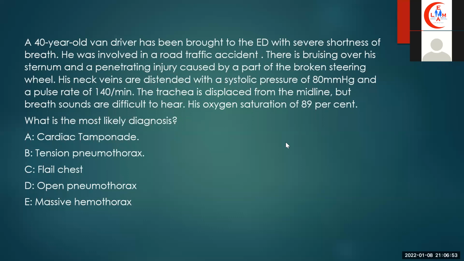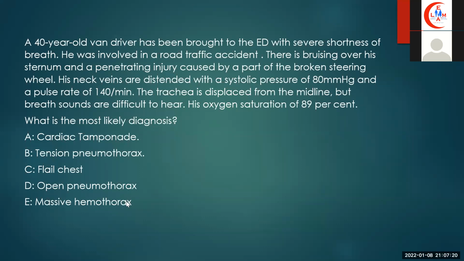So the correct answer is tension pneumothorax. Why is it not cardiac tamponade? The key point here is the trachea displaced from the midline, and also it is very difficult to hear the breath sounds. In cardiac tamponade, it will not cause shifting of the trachea to the opposite side.